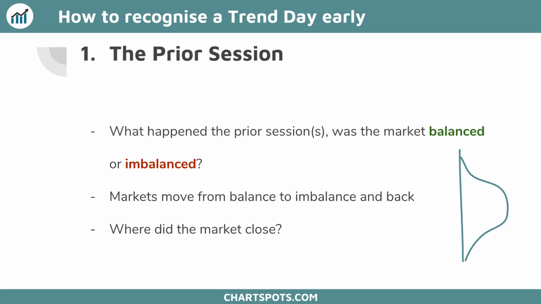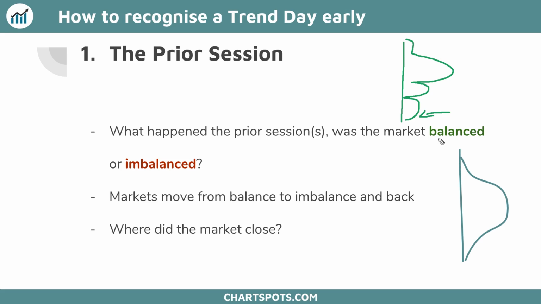Also, something important is where did the market close at the prior session. Let's say you didn't have a balanced day, but it was imbalanced. You had multiple distributions. But let's say this was the volume profile that you ended up with, and you closed right here at the bottom.